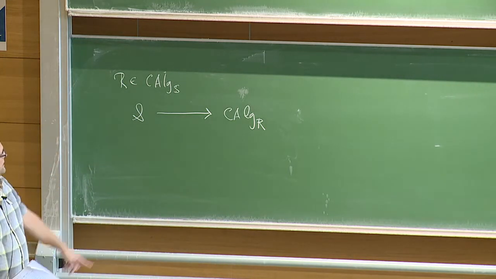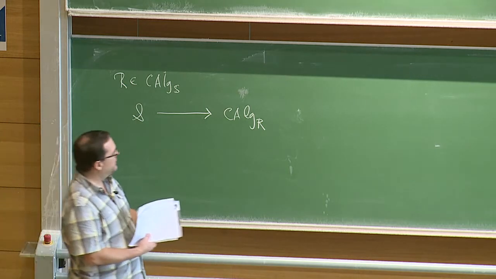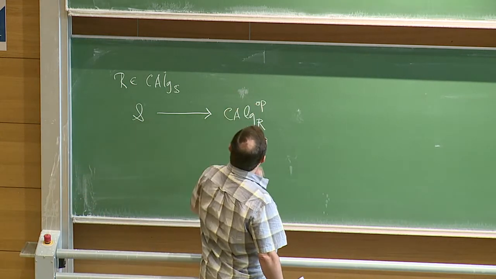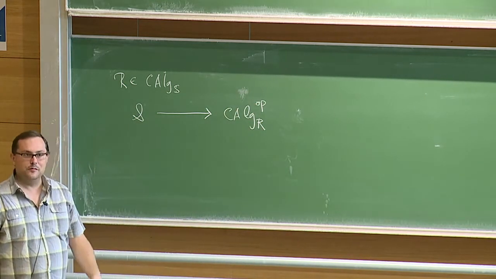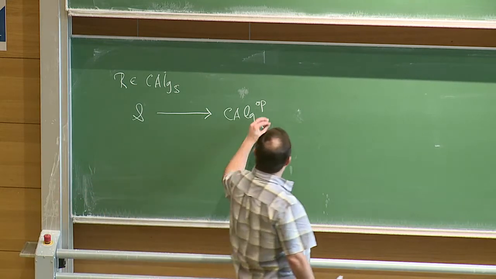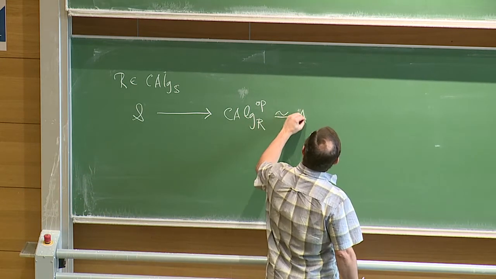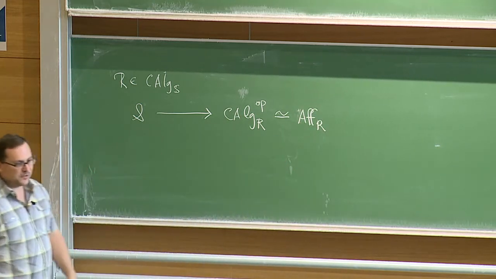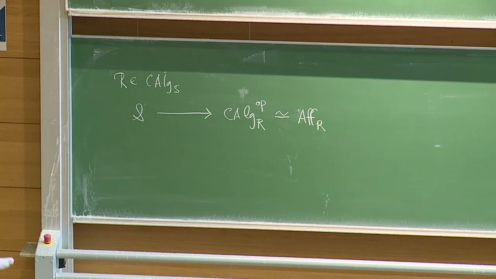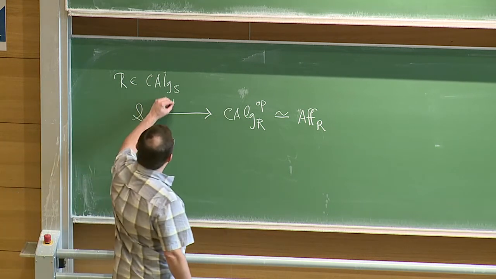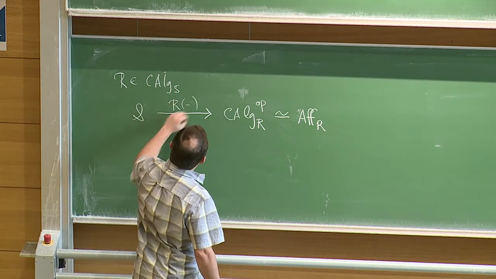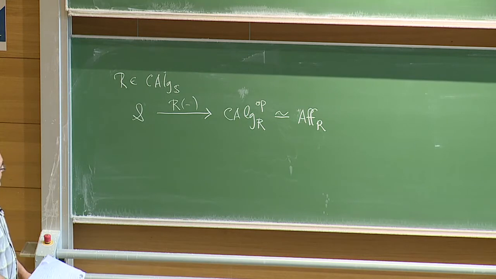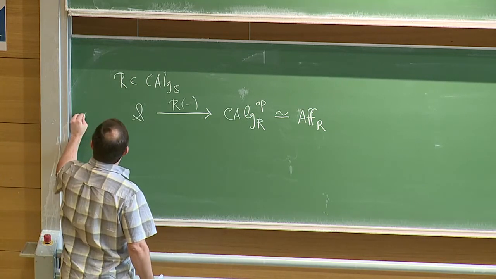And, well, typically the op would go here, but I'm going to put it here just because I'm going to do the same trick that Ben did and think of this as affine derived schemes over R. So this is R theory. This is a colimit preserving functor.